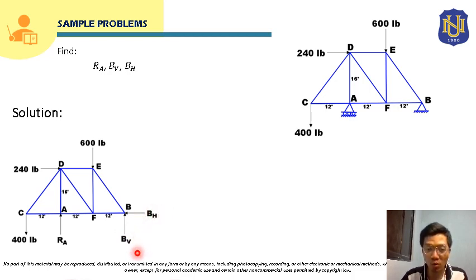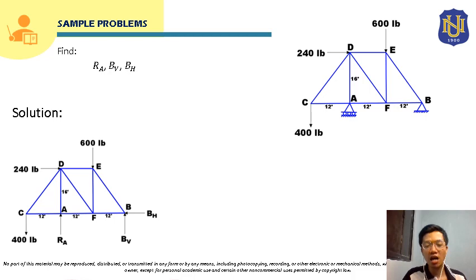These are the components of the reactions at B. We have to show in our final answers the values for BV and BH, and also for RA. So these are the unknown forces that we have to solve for this non-concurrent force system.